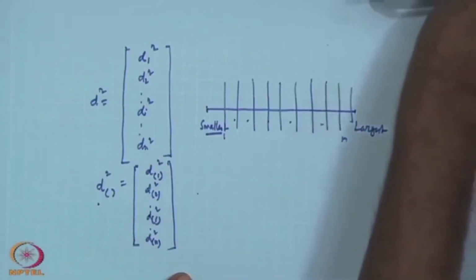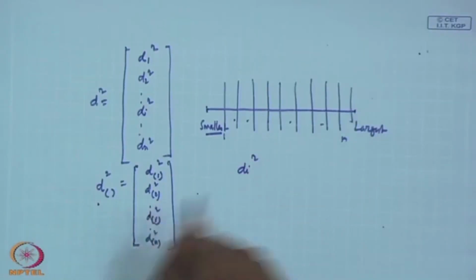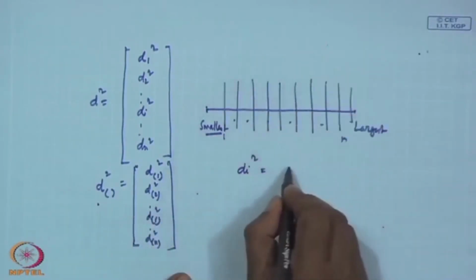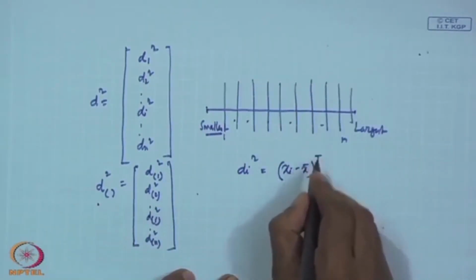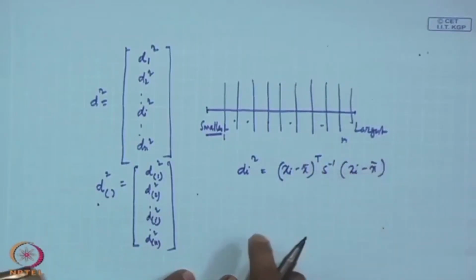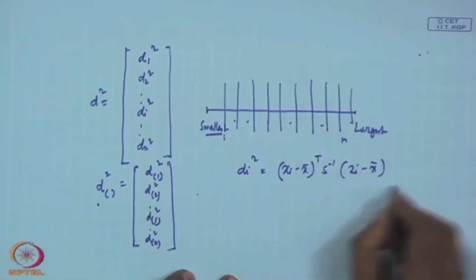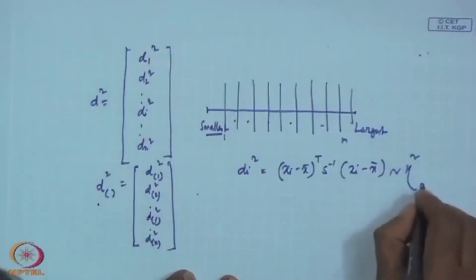What will be the distribution of this d_i²? What is d_i²? (x_i − x̄)ᵀ S⁻¹ (x_i − x̄), chi-square, correct. So, this follows chi-square with p degrees of freedom, as p variables are there.